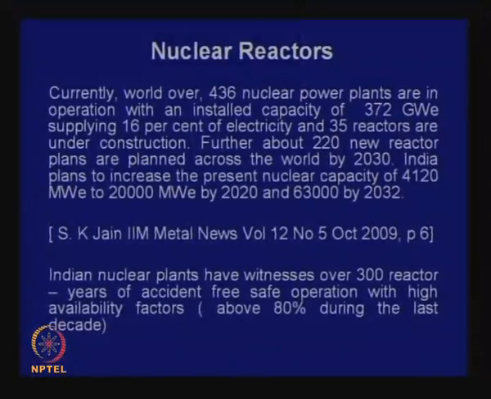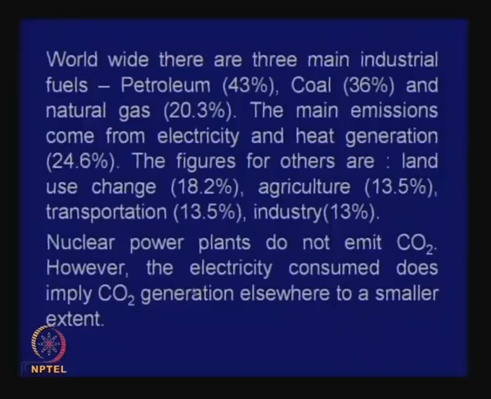In the case of nuclear power plants, you cannot do all the time. It needs maintenance, it needs many other things, but 80% of the time they are able to produce in our country. At least during the last decade, this is what is claimed.